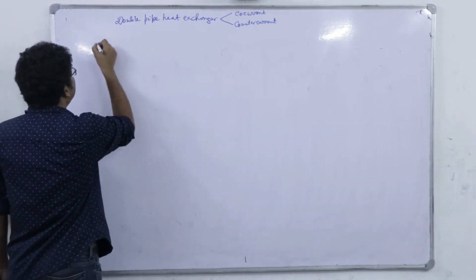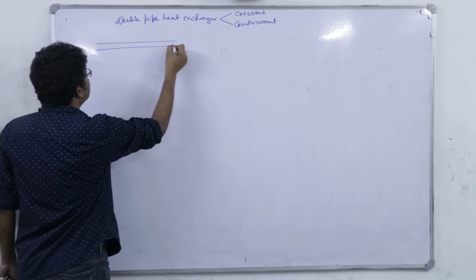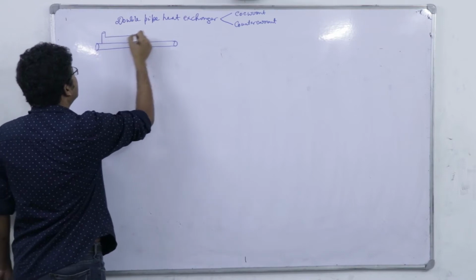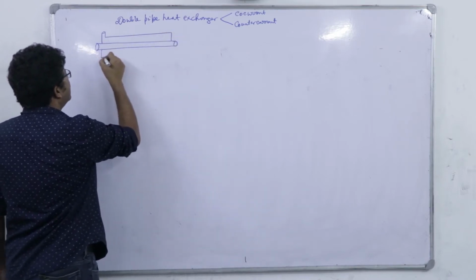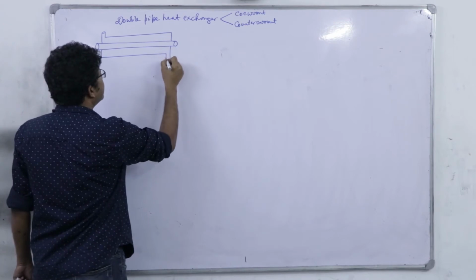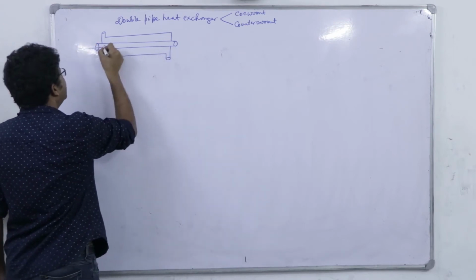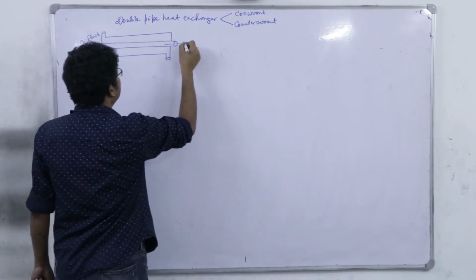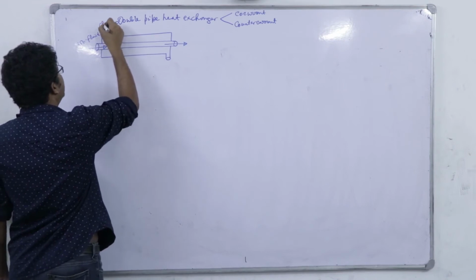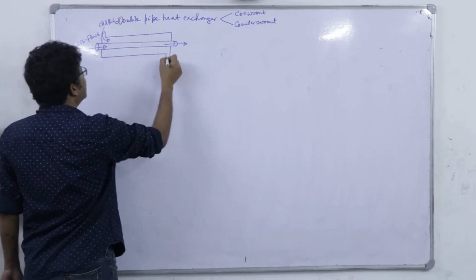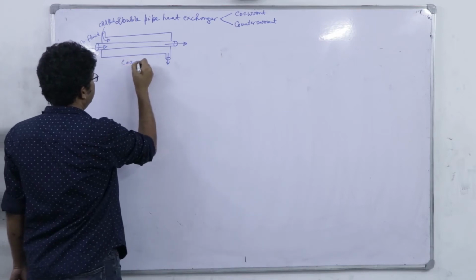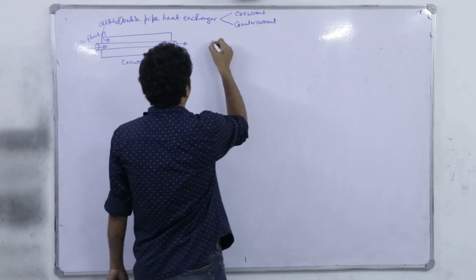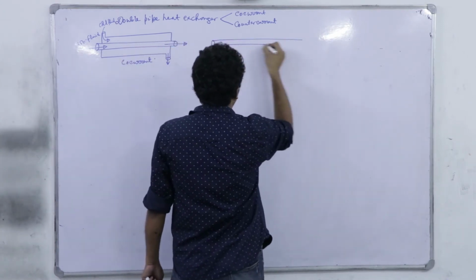So, for co-current, you see that here we have the central pipe, this is the annulus section, and we have the hot fluid in and out, and if this is the cold fluid in and out, then it is co-current, right. Alternative to it, which is more energy efficient, why we will discuss, is the counter current.